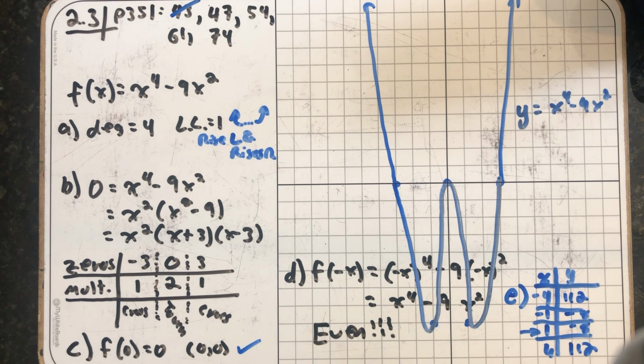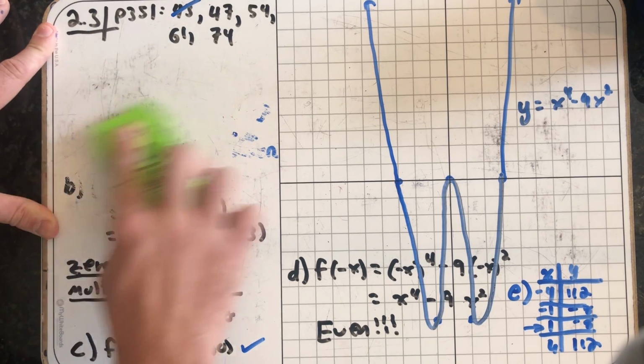Next up, we're going to go through the same process with just a different function. In number 47, we're asked to consider the polynomial function f of x equals x to the 4th minus 2x cubed plus x squared. So let's go on and get started with that one.